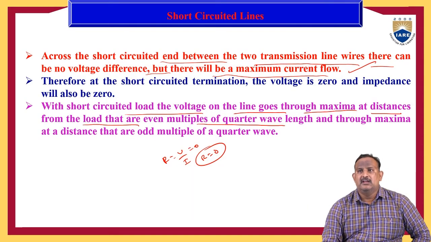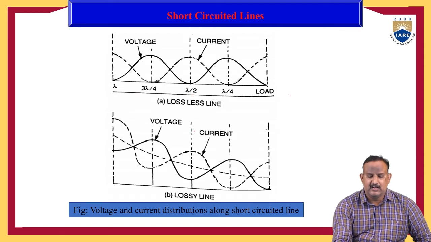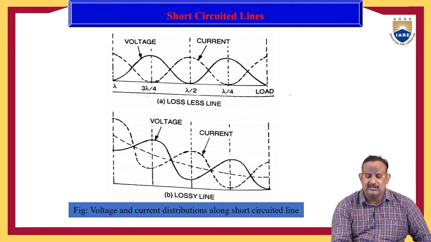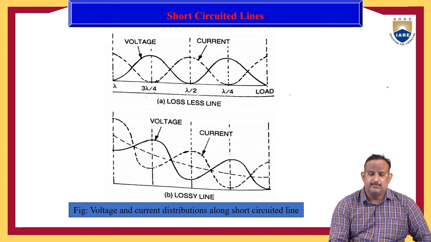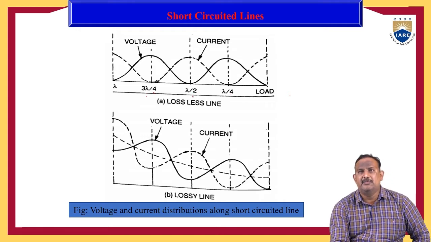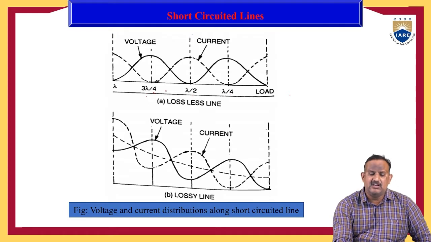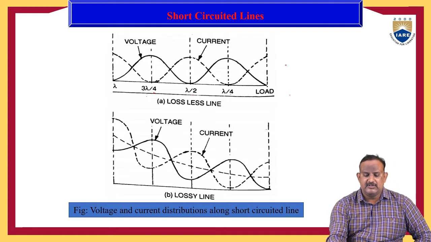And it goes through maxima at distances that are odd multiples of quarter wavelength: lambda by 4, 3 lambda by 4, 5 lambda by 4, like that. So the minima are at even multiples of lambda by 4 and the maxima are at odd multiples of lambda by 4. This is for a lossless line, and it is for a lossy line.